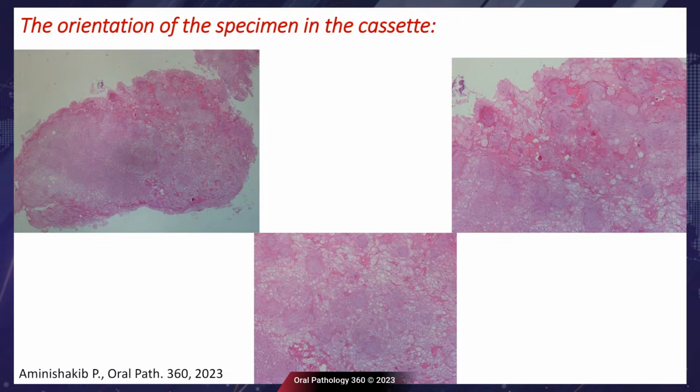Therefore, you can see a worrisome appearance of epithelial cells, resembling dyskeratosis and cellular atypia. But the important issue is that you cannot see any connective tissue. Then you think that it may not be well oriented and well embedded in the cassette.